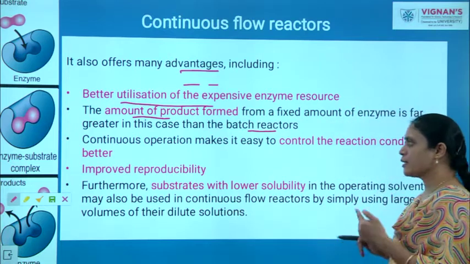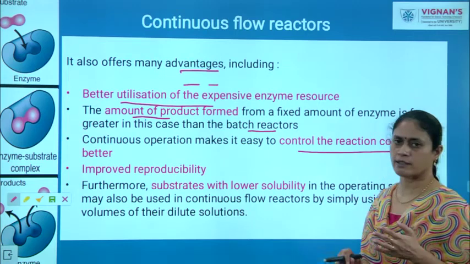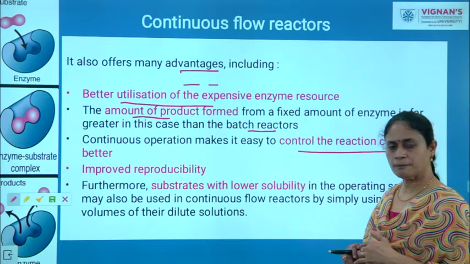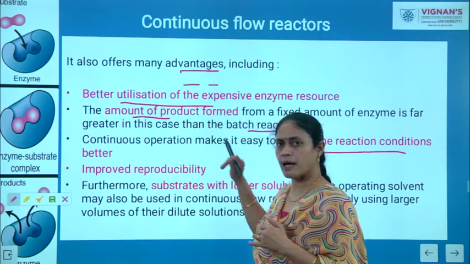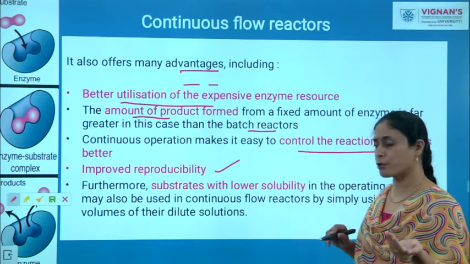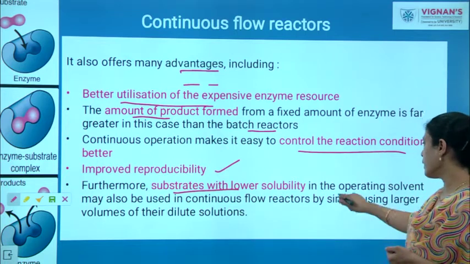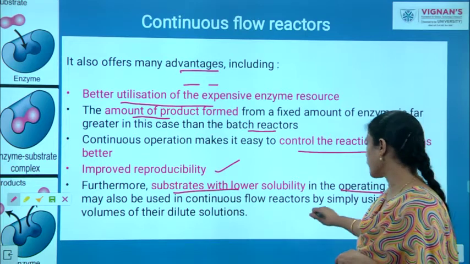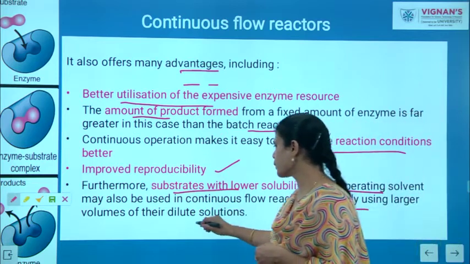Moreover, continuous operation makes it easier to control the reaction conditions better than in batch reactor processes, and you have improved reproducibility. Further, a substrate with low solubility in the operating solvent may also be used in continuous flow reactors by simply using larger volumes of dilute solutions.